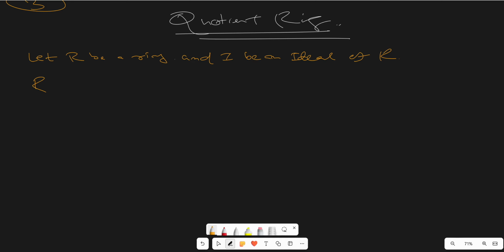What is R mod I? This is called R mod I, right? This is defined as r plus I, such that r is inside R. What is the operation?